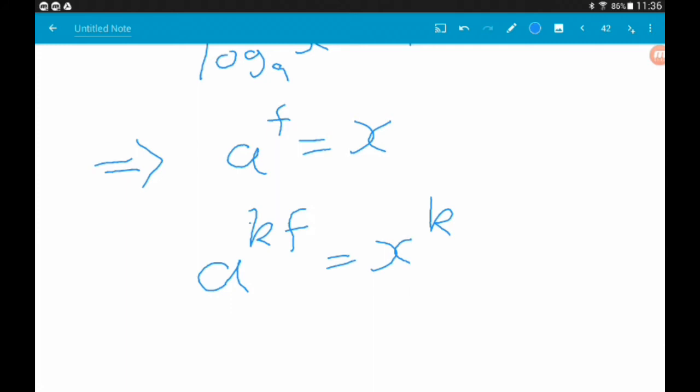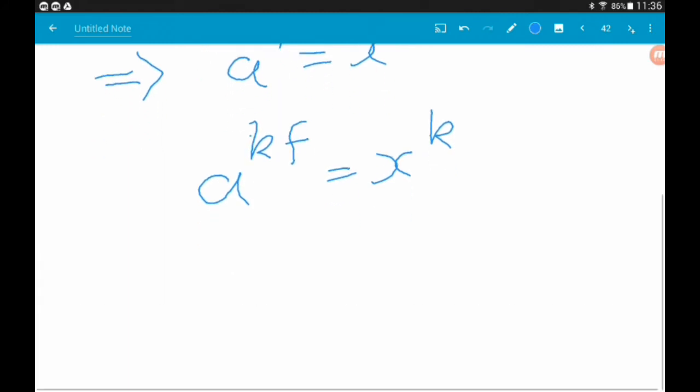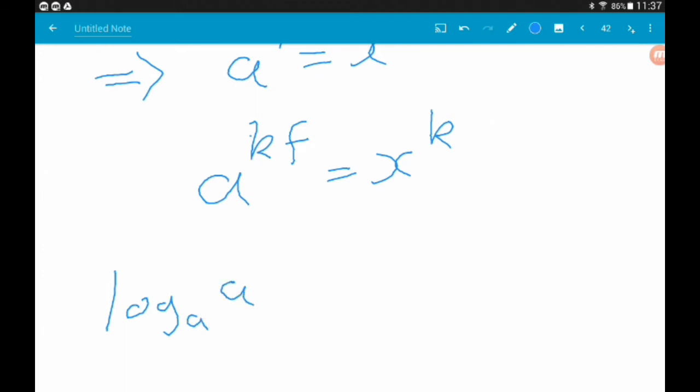Now we're going to take the log base a of both sides. So log base a of a to the power k times f is equal to log base a of x to the power k.